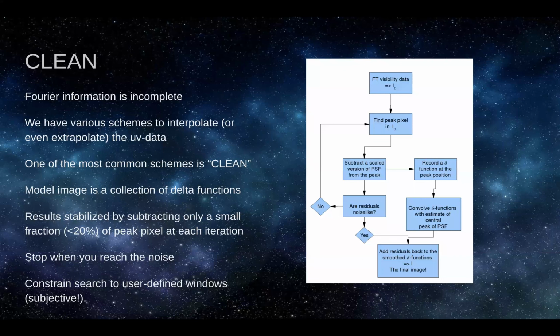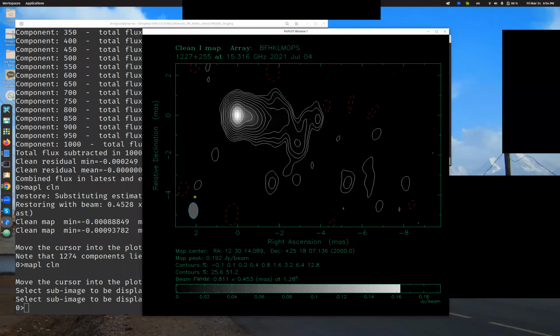In the context of VLBI, what we actually look at, we call the beam. The beam is this down here, and that's basically a rough approximation of your point spread function. So this circle is the response of the telescope to a point source, at least in principle.